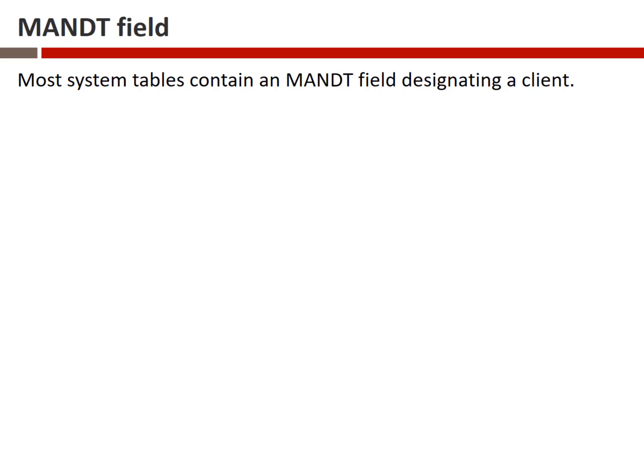Let's say we looked at the flight table that we've been using, and I'm just going to put up a subset of the fields in that table. So there's the MANDT field, there's the city from, there's the city to, and on the board here, I'm not going to put down the flight number and all the other things that are there. Well, we're using client 313.